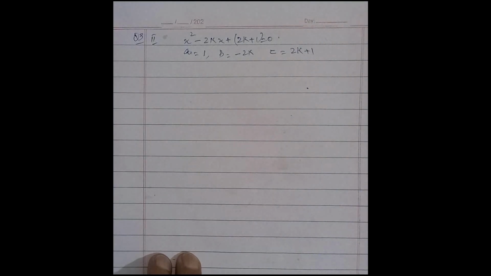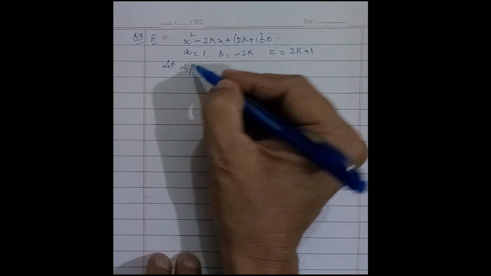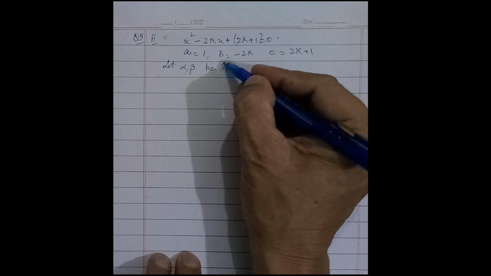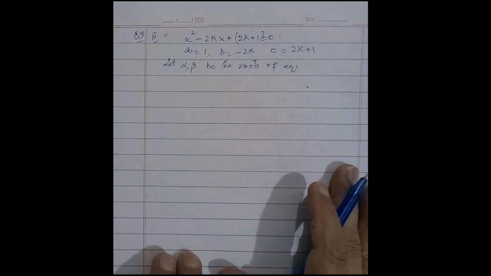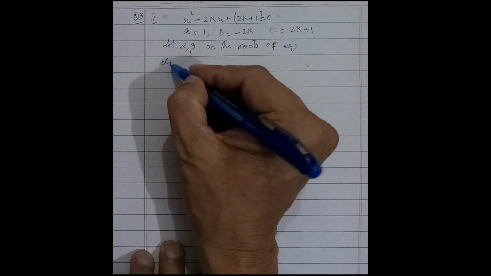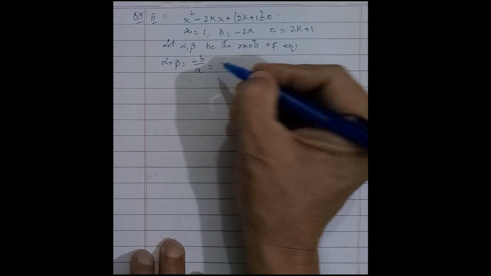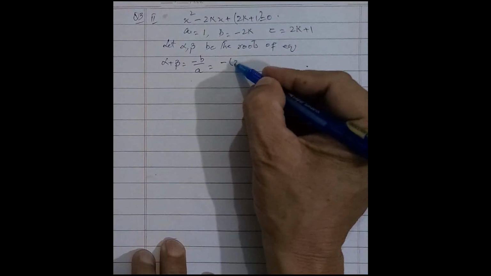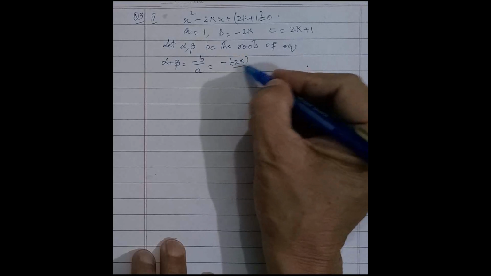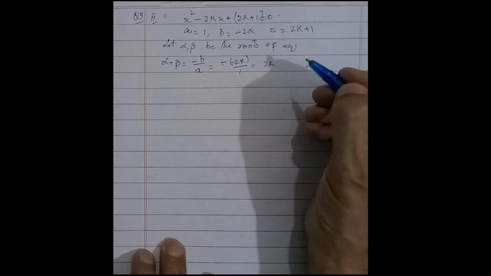We first find the roots of the equation. Let alpha and beta be the roots, and the sum is alpha plus beta. We know the formula of the sum is −b over a. Putting the values of a and b, we get −(−2k) over 1, minus multiplied by minus gives plus, so it is 2k.